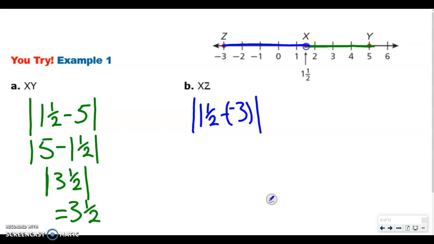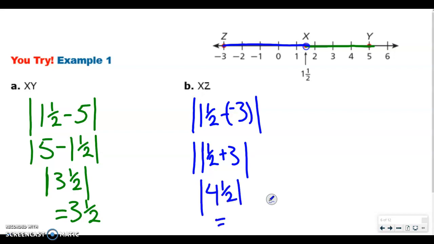So it's really 1 1/2 plus 3, because our two negatives make a positive, which will give us 4.5. Which in absolute value still comes out to 4.5.